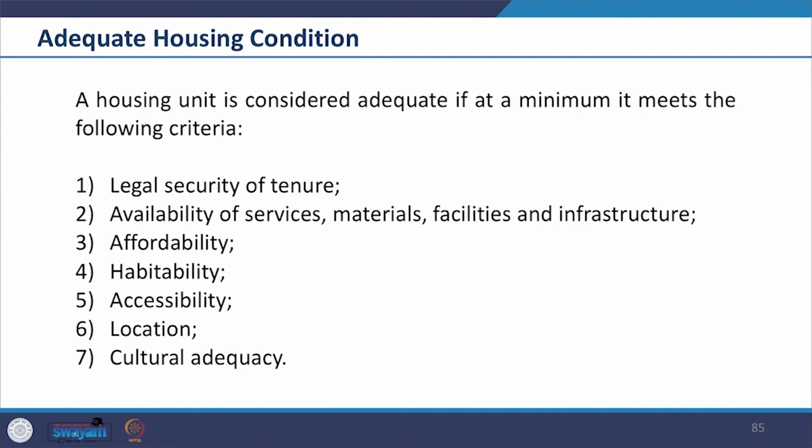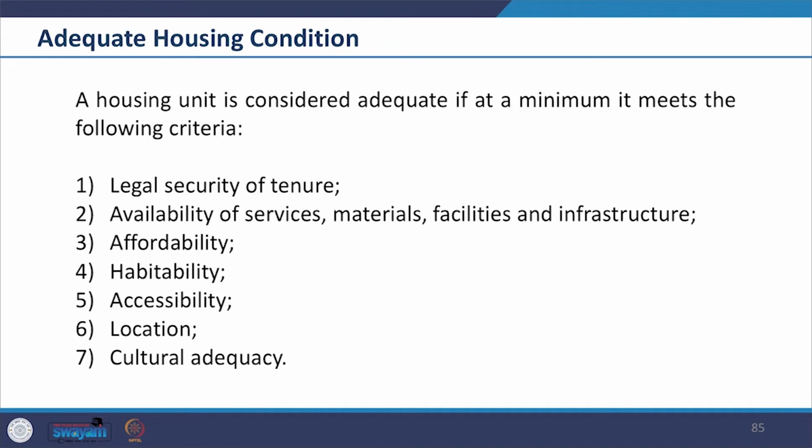Next we see is accessibility, as a house is not adequate if the specific needs of disadvantaged and marginalized groups are not taken into account, such as the poor, people facing discrimination, persons with disabilities, victims of natural disasters. So it should be accessible to them. They should be able to avail those facilities.